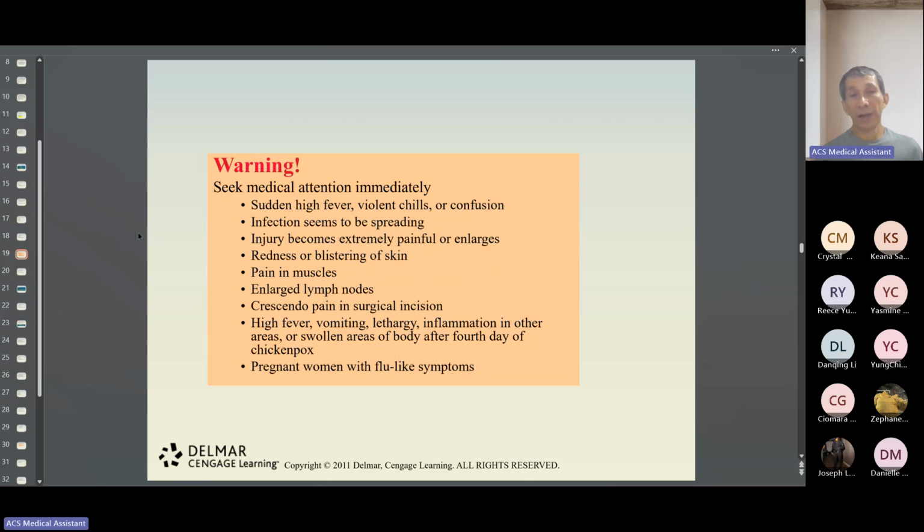If you are in certain conditions, like pregnancy, you need to move right away if you develop some symptoms, because it's not affecting only you. You have your child. The fetus is going to be affected as well.